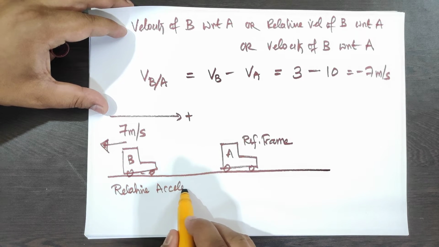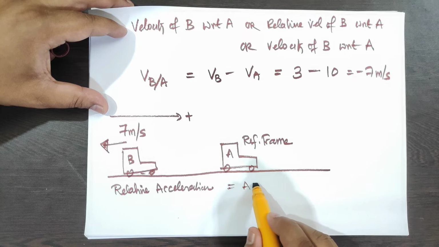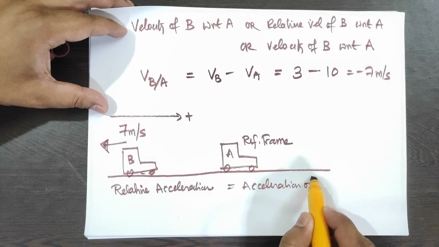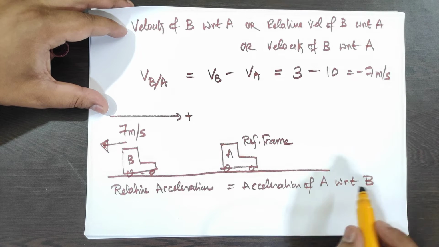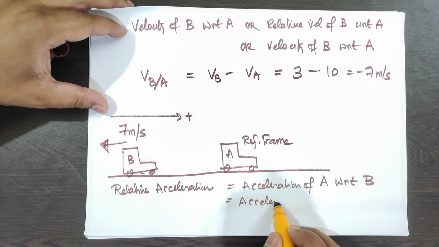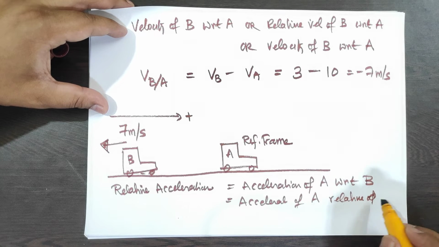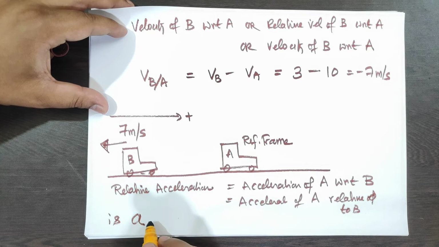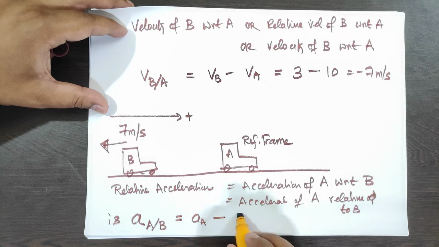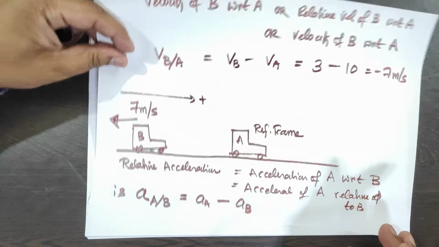The acceleration of A with respect to B, or the acceleration of A relative to B, is given as a A/B, which is the acceleration of A minus the acceleration of B. If it at all has any acceleration, then this is the relation.